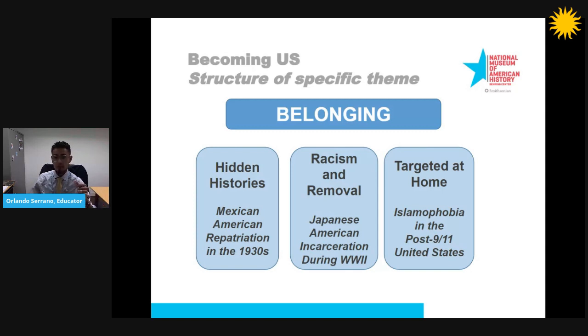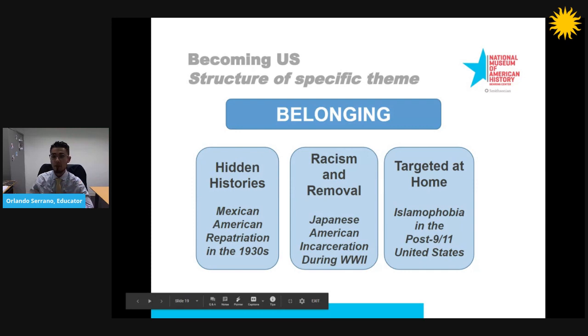In this case, Mexican-American repatriation in the 1930s. So, lots of pushes towards anti-immigration from Mexico is not a contemporary issue. It actually has roots in the 1930s, and we wanted to make folks aware of that.